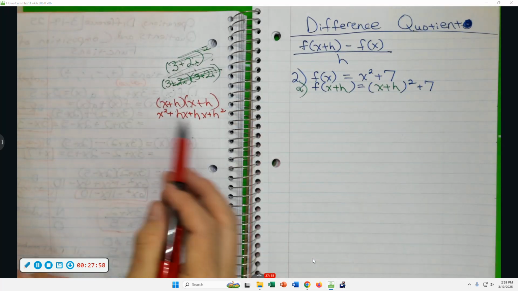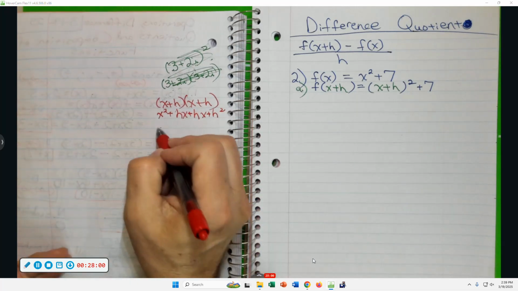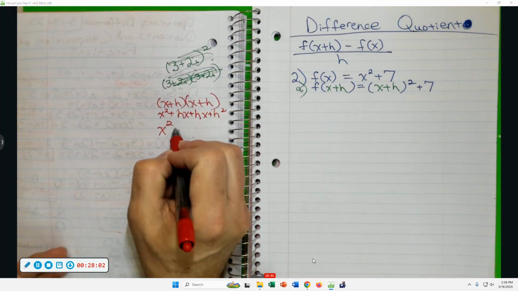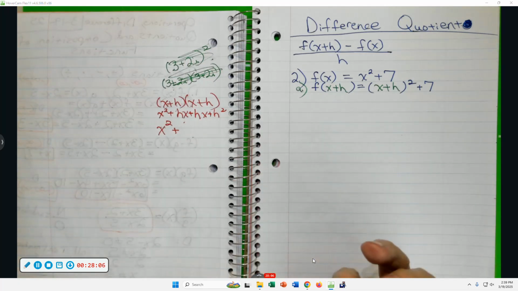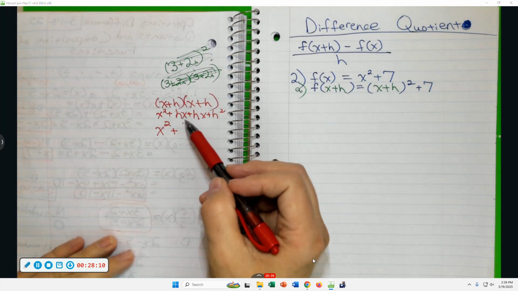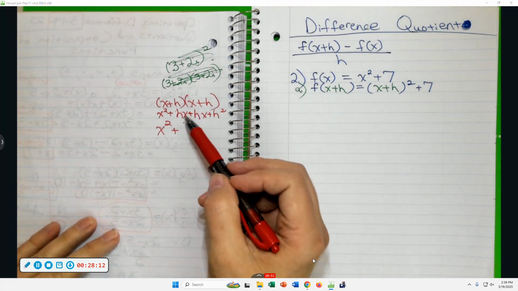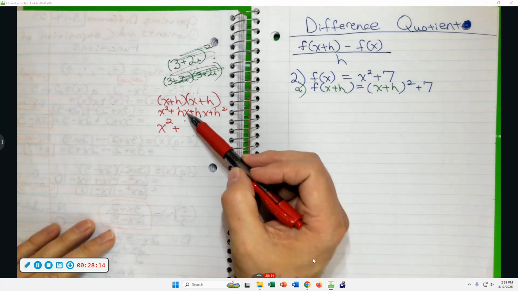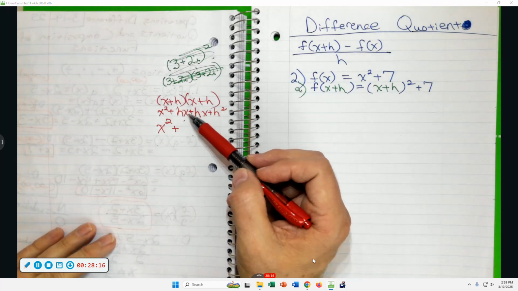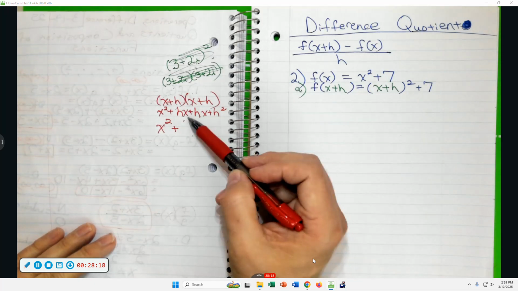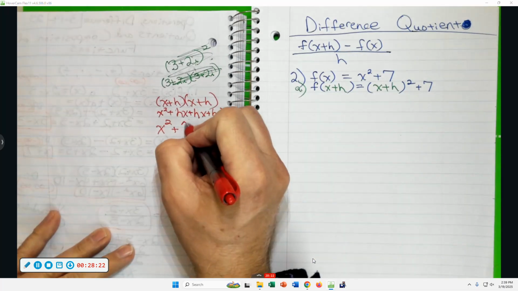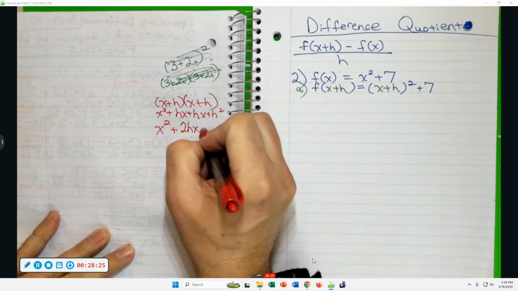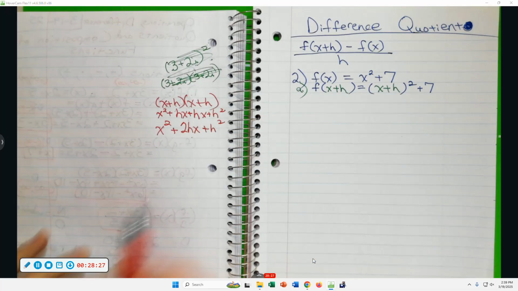There's not another x squared term, so we just have an x squared plus hx plus hx. What's that going to give us? 2hx. Now, that's the importance of writing them in alphabetical order. Unfortunately, if they're not in alphabetical order, people have a tendency to overlook that they're like terms that can be combined. So hx plus hx becomes 2hx, and I still have the h squared.